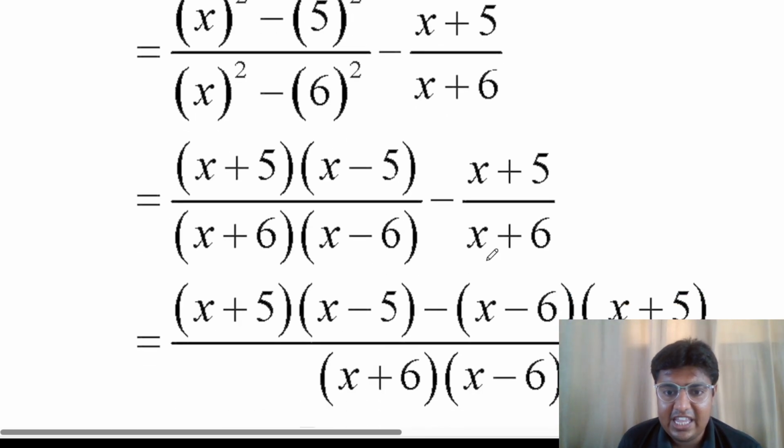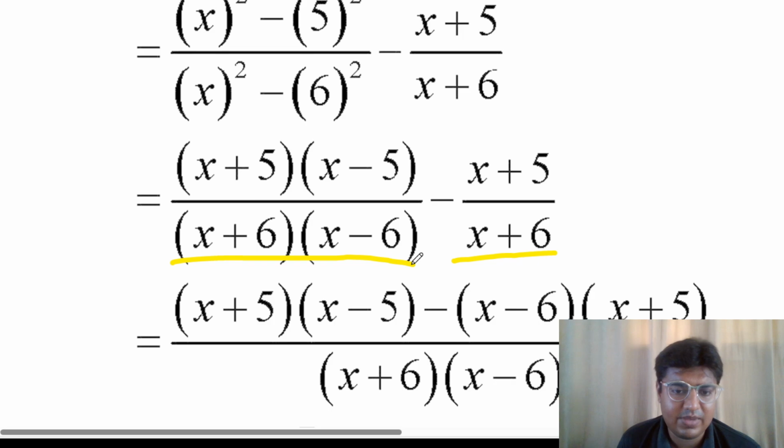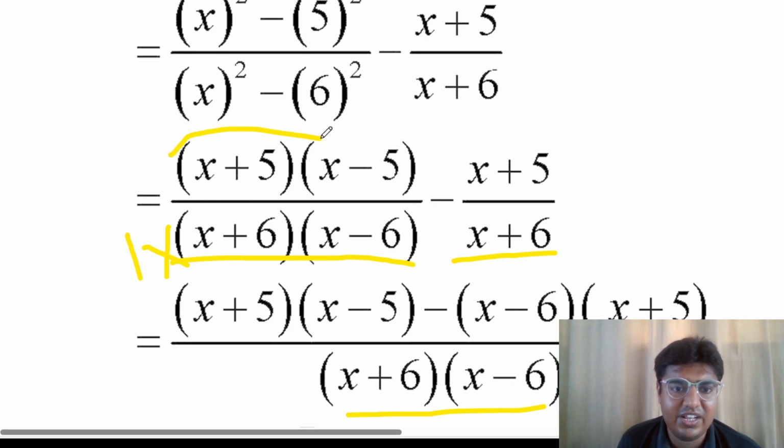You can see here the denominator is only x plus 6, but here the denominator is x plus 6, x minus 6. So in the LCM, x plus 6, x minus 6. Here both the brackets are already available, means only multiplied by 1. Means x plus 5, x minus 5 will just be copied down, as you can see.